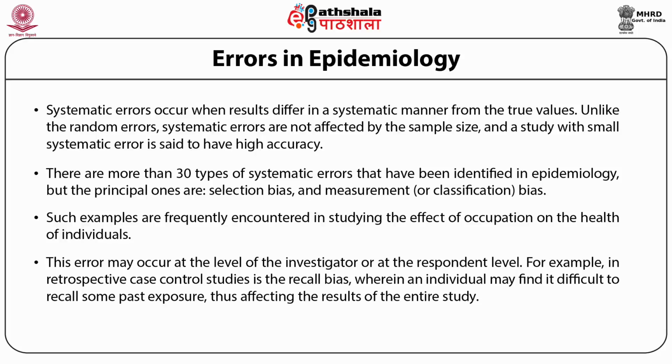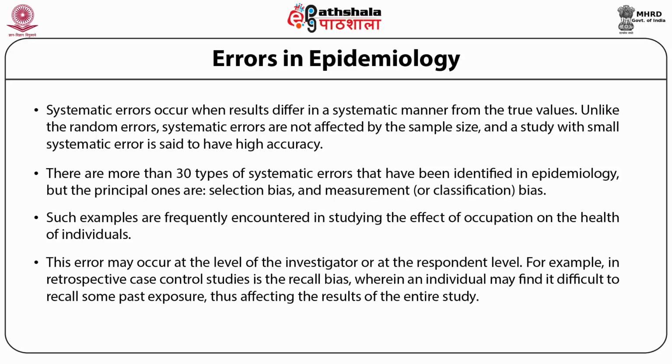For example, in retrospective case control studies, there is a recall bias wherein an individual may find it difficult to recall some past exposure, thus affecting the results for the entire study. Such biases can result in over-reporting as well as under-reporting of the cases.